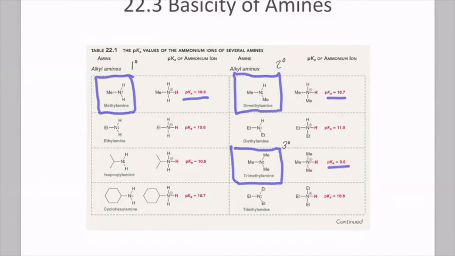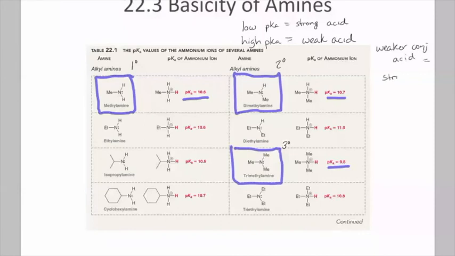which one is going to be the weakest base? Remember that low pKa is strong acid, high pKa is weak acid, and then importantly, the weaker the conjugate acid, that equals a stronger base.